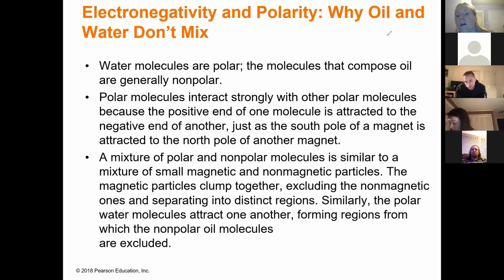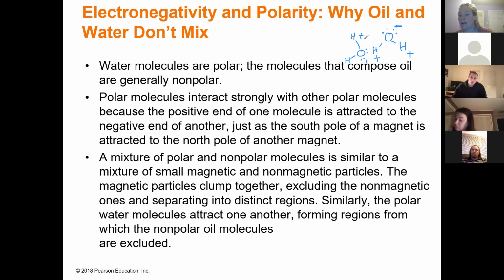Like if I draw the molecule out, O, H, H, stick it together. There's some lone pairs over here. This side of the molecule tends to be negative. These 2 sides of the molecule tend to be positive. So it's like a magnet. Well, what's going to happen is this positive side is going to attract the negative side of an adjacent water molecule. Right? Here's a negative side and here's a positive side.